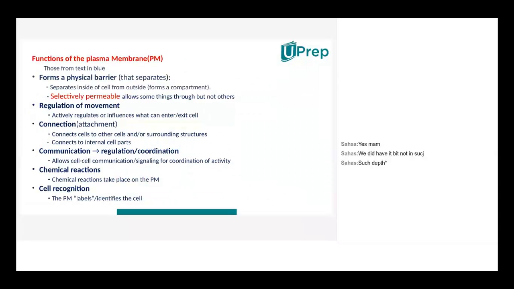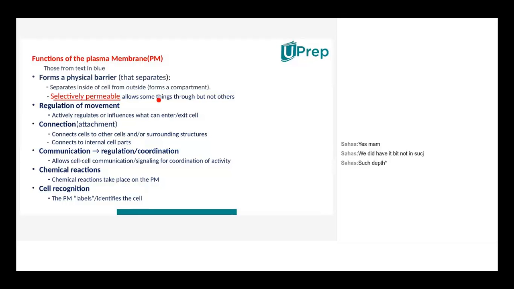In a whole, these are the few points which can be described as functions of plasma membrane. It forms a physical barrier. It's nothing but it separates. So whatever I explained, the carbohydrates, how they are showing, all this relates to selective permeability.